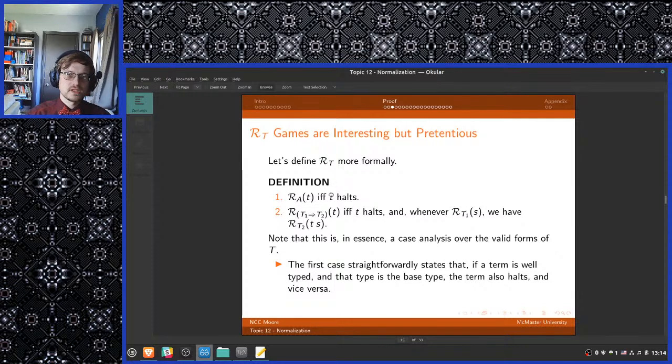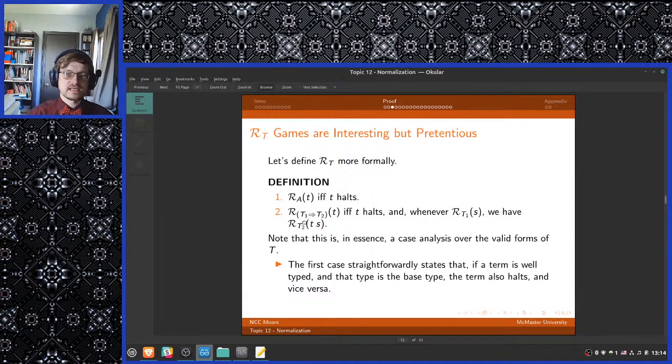If, however, we have the set of closed terms of type T1 yields T2, if t halts and we have some s such that it is in the set of closed terms of T1, then we know that t with s applied is in the set of closed terms of type T2.